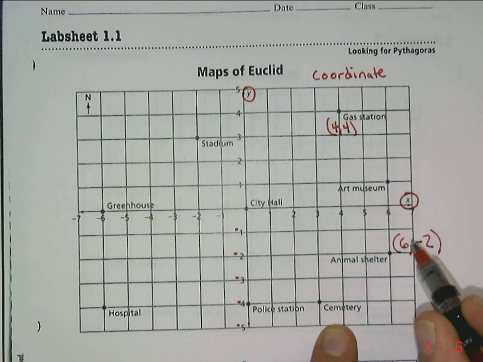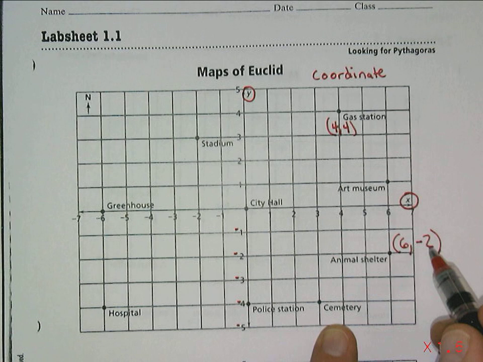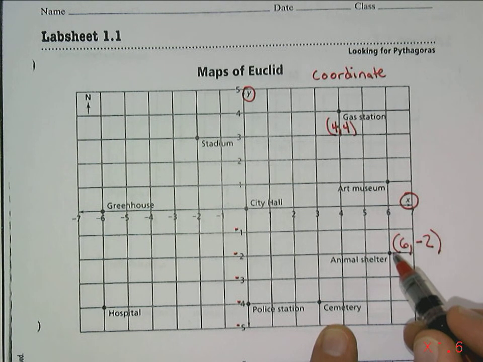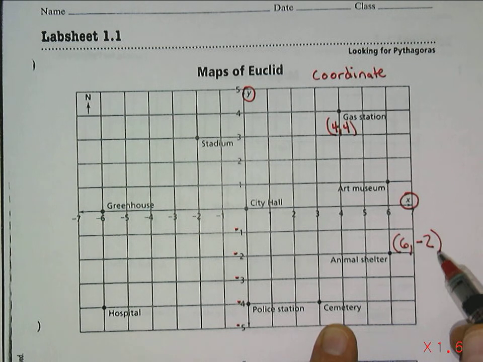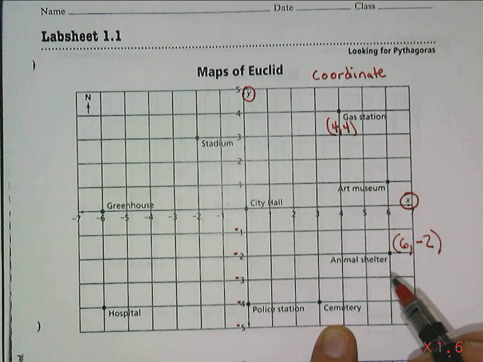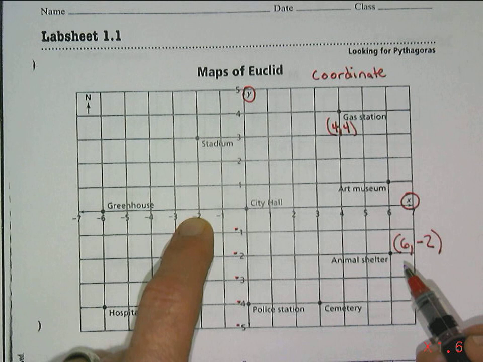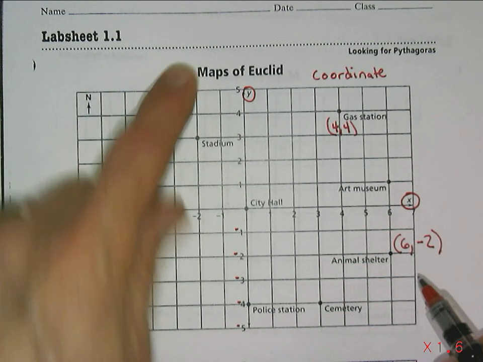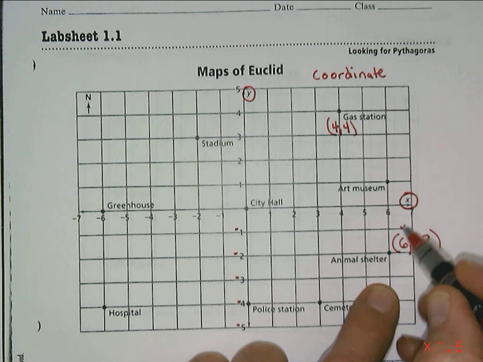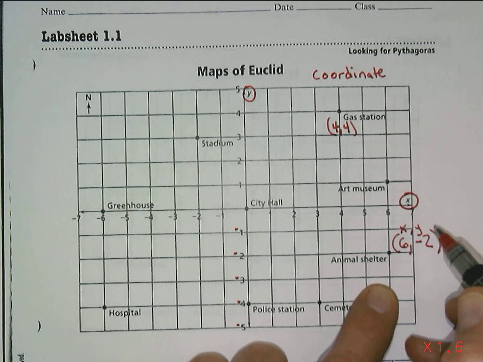So its coordinates are 6, -2. That's where it's located on this map. Now if I were to say -2, 6 in that order, then that would be a different location. That would actually be over here and up off of our map. So the order matters. The x value is always first and the y value is always second.